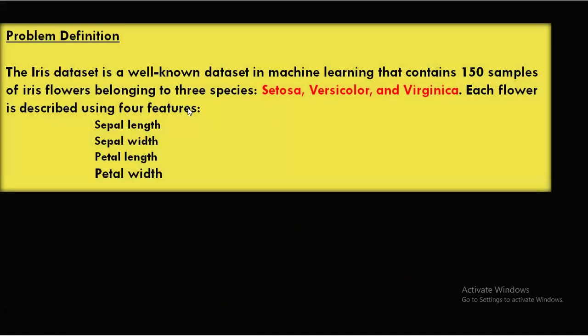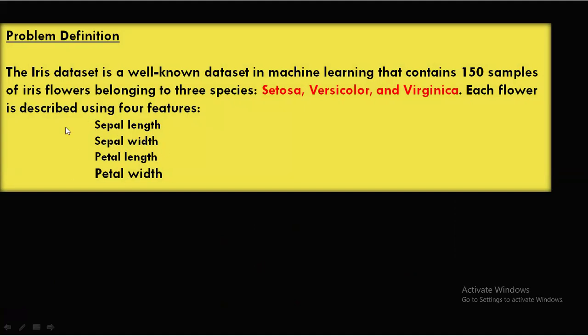So you are given an iris data set. It contains 150 iris flowers that belong to these three categories: Setosa, Versicolor, and Virginica. Each flower is described using the four features.